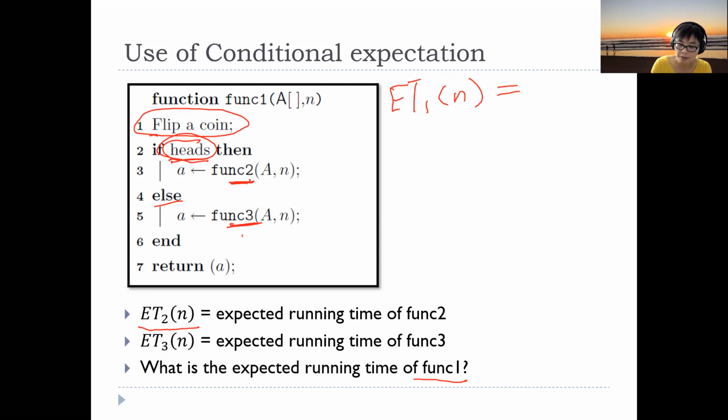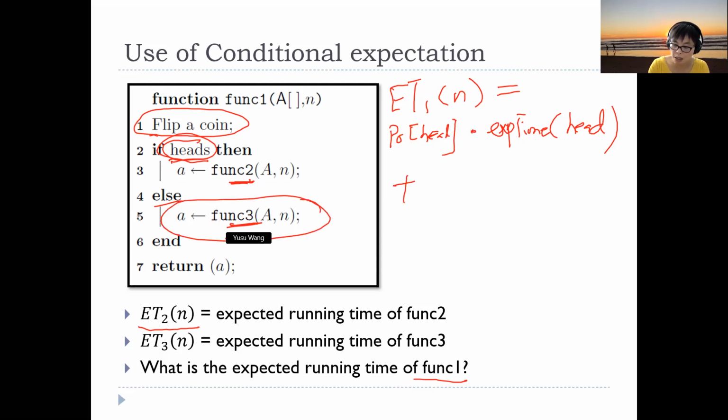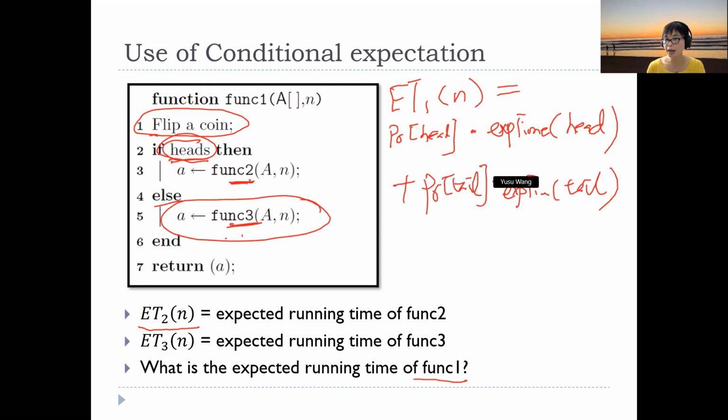If the head happens, then I need to look at the expected time when you get a head, and then you multiply this expected time with the probability that head happened. Or it can be the second case. What is the expected time when it's tail? Then with the probability, the second case happens. That's what we have, okay?